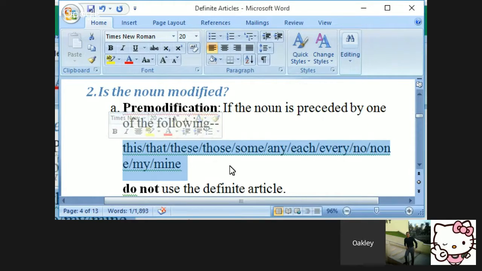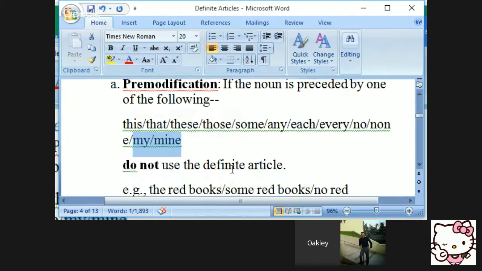Okay, so if it's pre-modified, if there's one of these things in front of it, there are certainly other quantifiers and certainly other possessive pronouns. If one of these precedes a noun, no article.